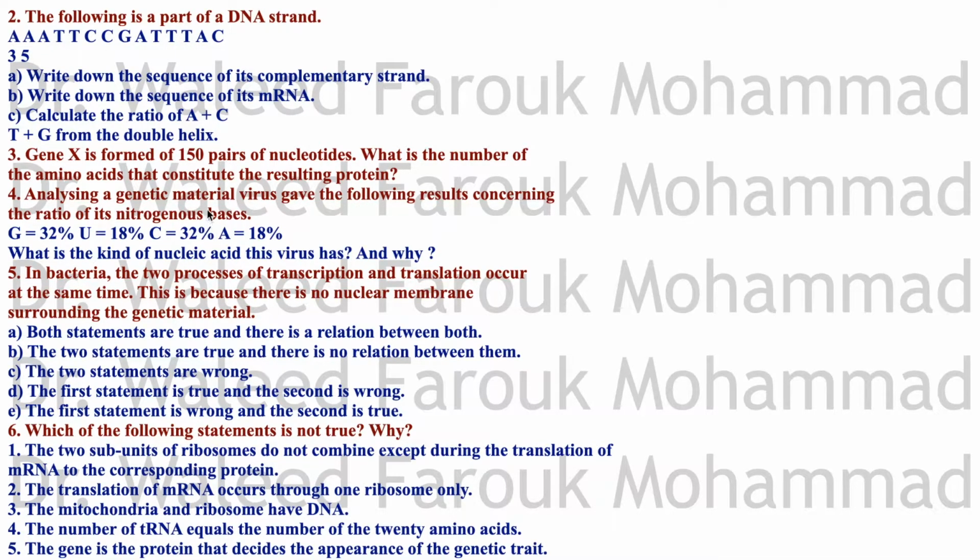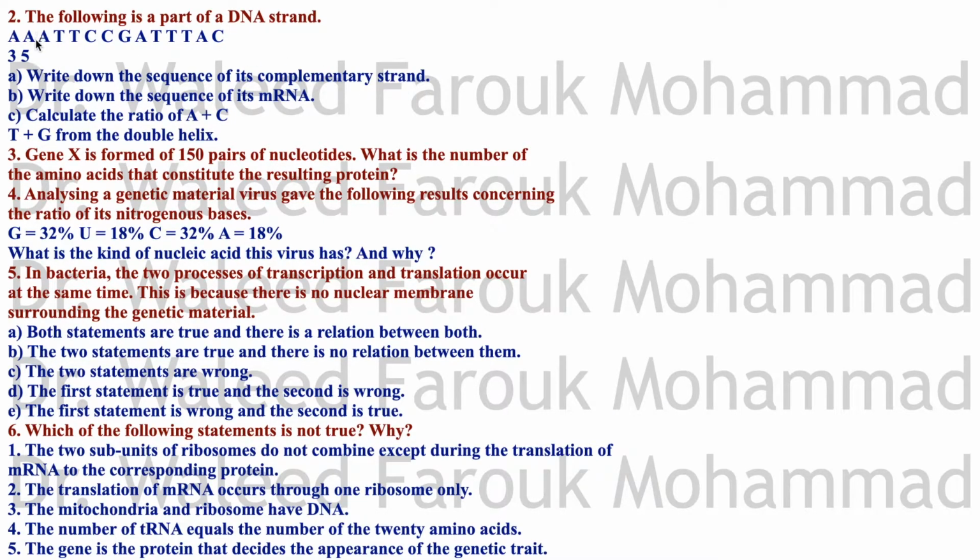The following is a part of a DNA strand. This is the 3 end, this is the 5 end. It's adenine, AAA, thymine, TT, cytosine, CC, guanine, adenine, thymine, etc. Write down the sequence of its complementary strand.